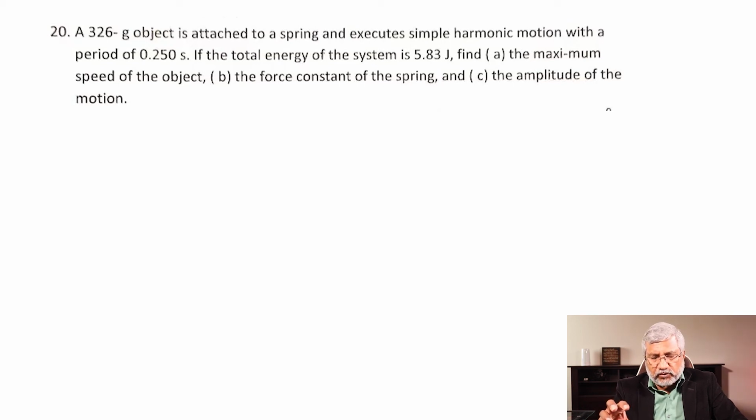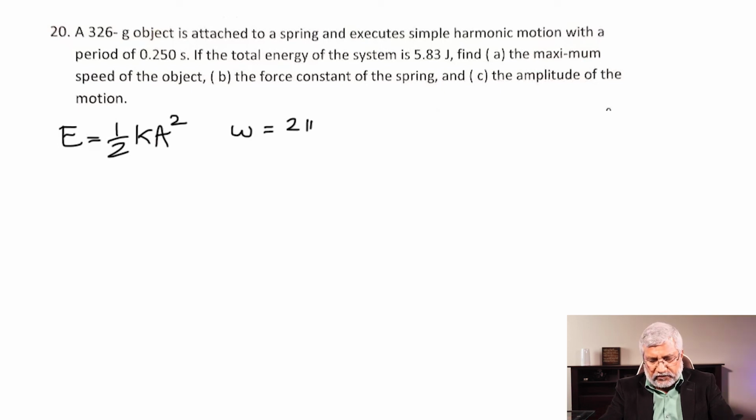So once you're given the total energy, you got to know the formula for total energy. The total energy of simple harmonic motion is what? 1/2 k A squared, where k can be substituted. Okay? We know that omega is 2 pi f or 2 pi by T. So using that, we can first find omega.